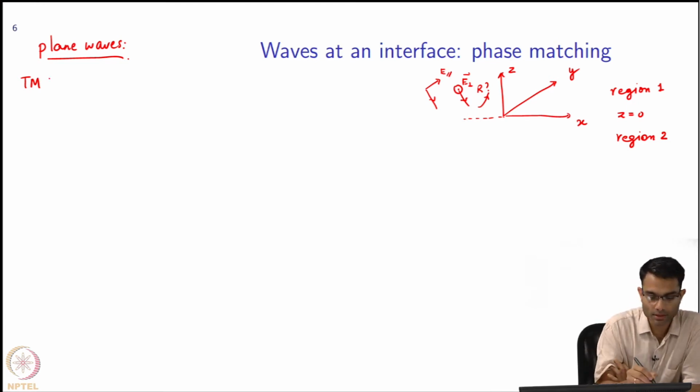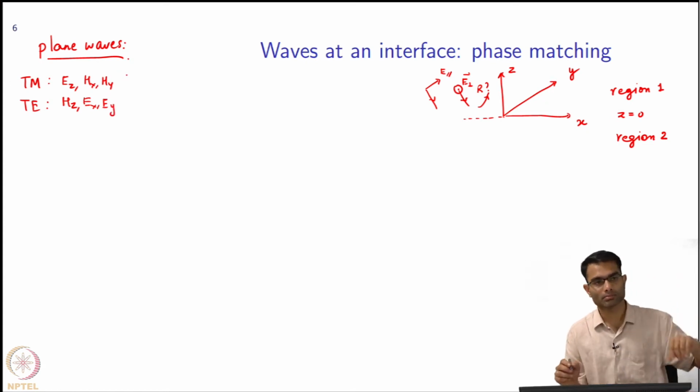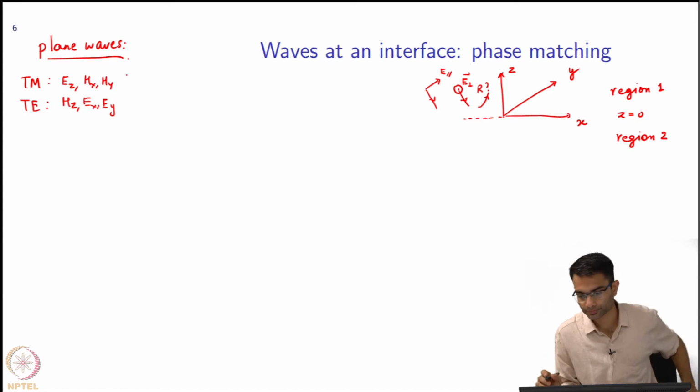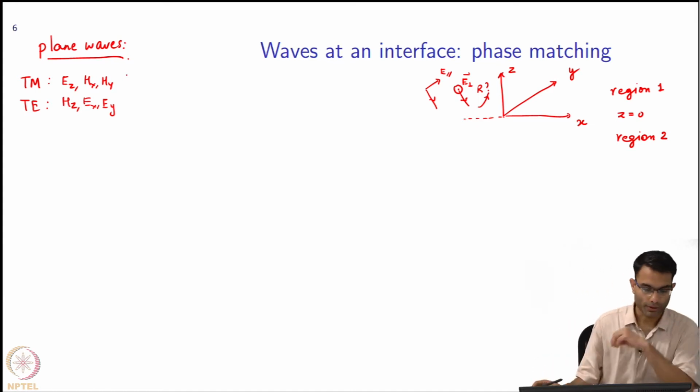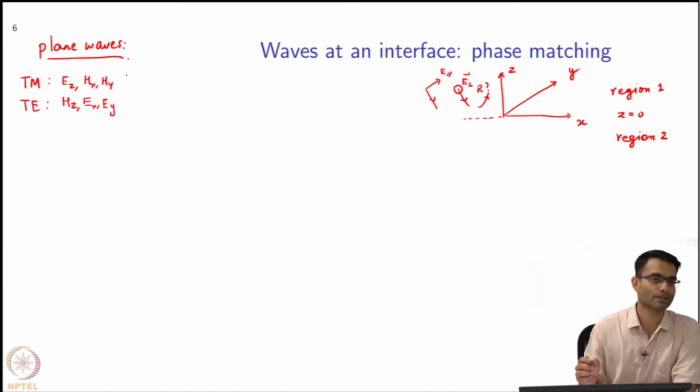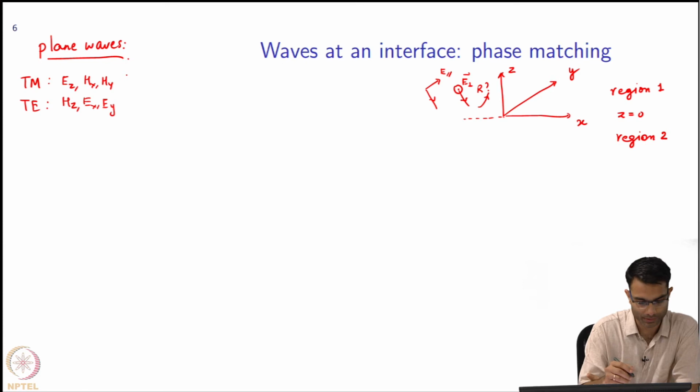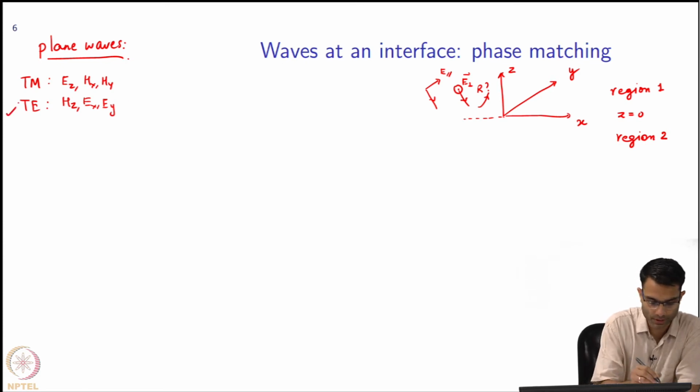So, I had Ez, Hx, Hy, and then in TE I had Hz, Ex, Ey, okay, and reality is a linear combination of these two, fine. Okay. So, what we will do is we will start with TE, and derive something, and generalize, I mean to get the TM is actually even easier. Okay. So, we will start with this one, TE polarization.